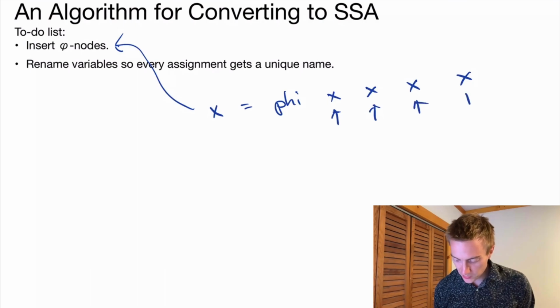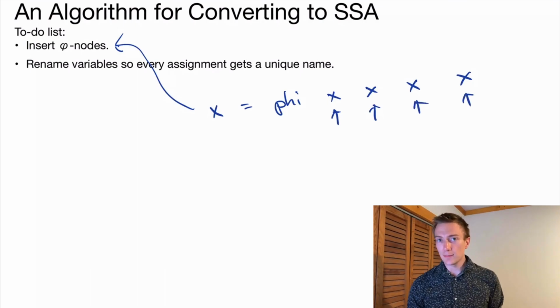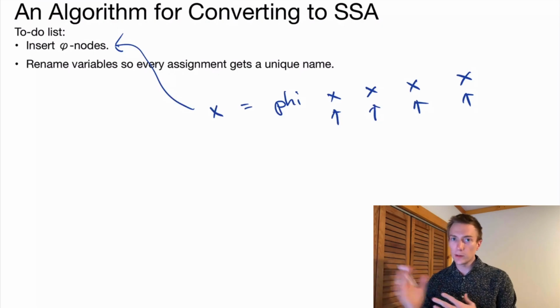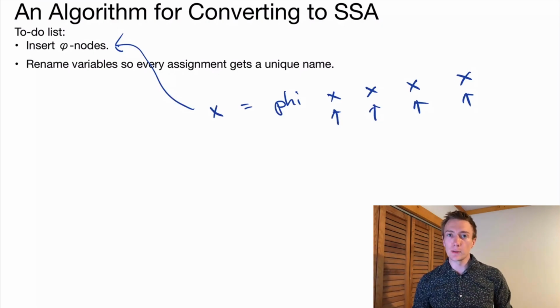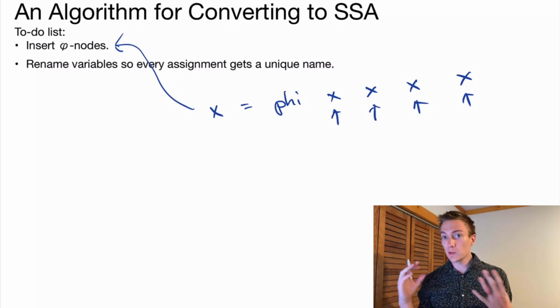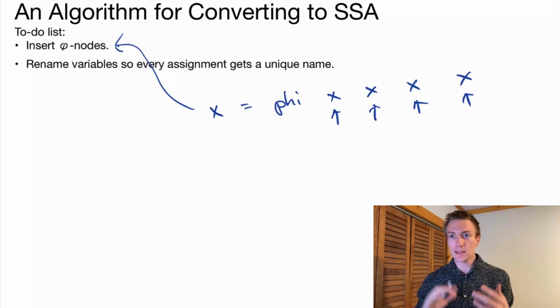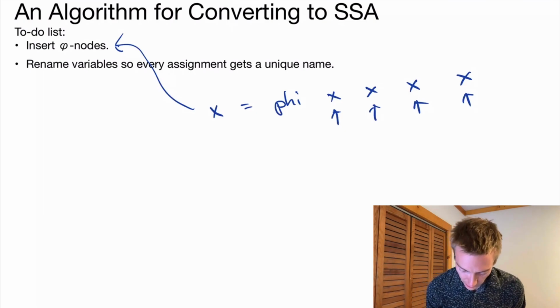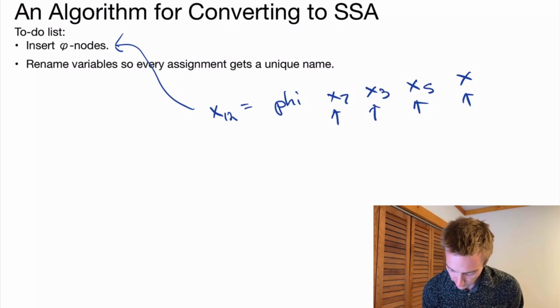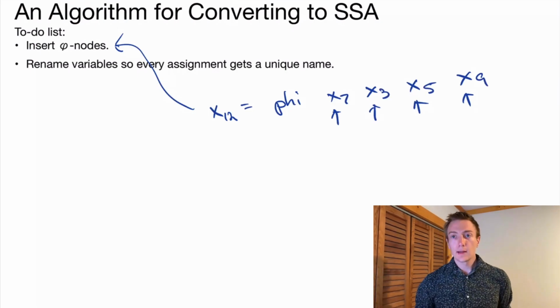That is, we're saying we're choosing between, well, you can either get the value from x, or you can get it from x, or you can get it from x, depending on where you came from in the control flow graph. And that's super weird, and it's definitely not SSA, but it's the stepping stone along the way. That is, we need to find these locations, and then later in a second pass, we'll go, okay, well, this is like x12, and this is like 7, 3, 5, 9, or something. And then after doing all of that, we will finally have an SSA form that has phi nodes in the right place.